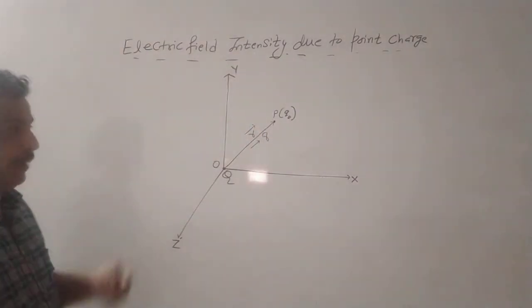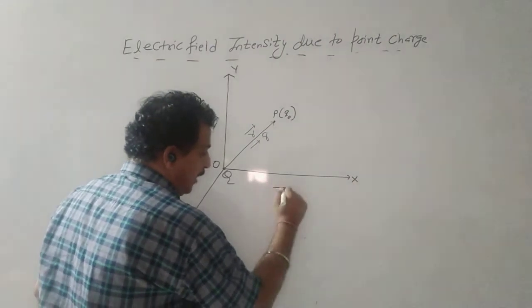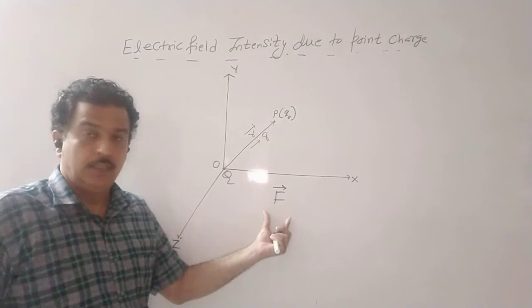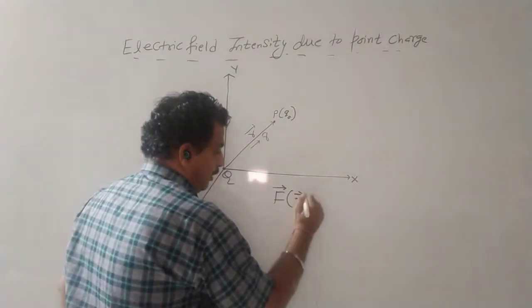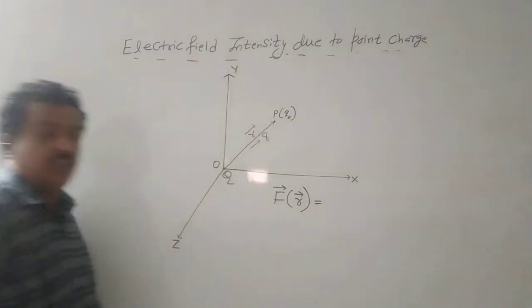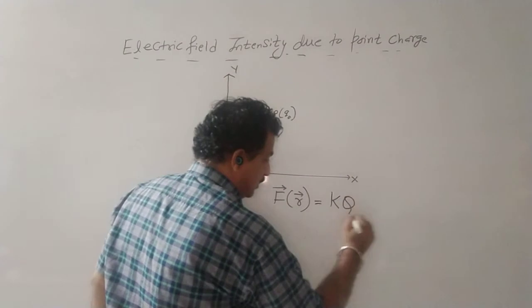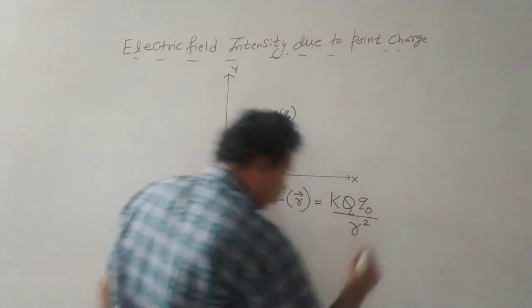So first step is to use Coulomb's law at point P. According to Coulomb's law, the force acting between the two charges is K source test charge upon r square.